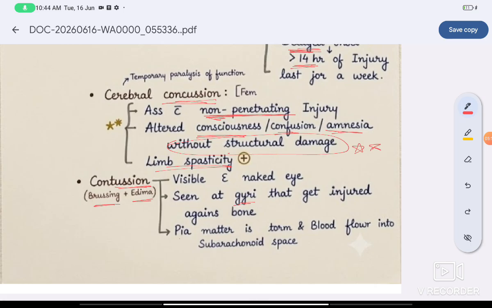In this case, the pia mater, the innermost lining, is torn. So this is very dangerous, and blood flows into the subarachnoid space. If you aspirate the CSF in this case, you will get a blood tinged aspirate.